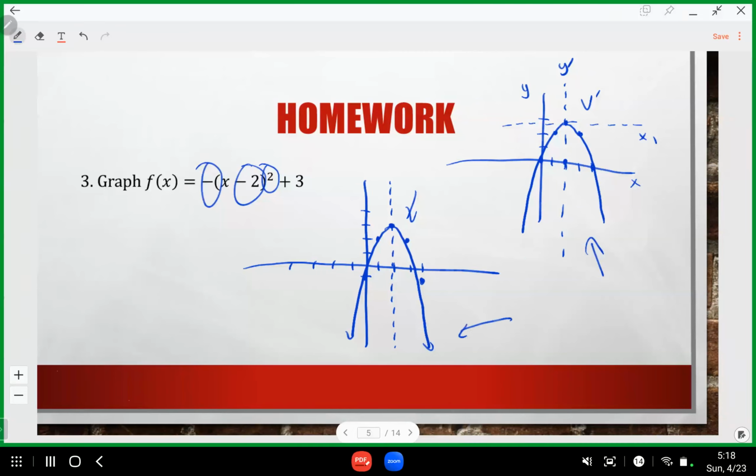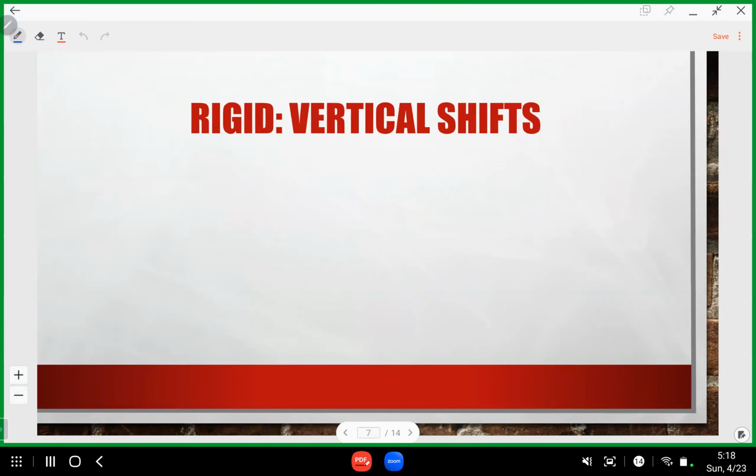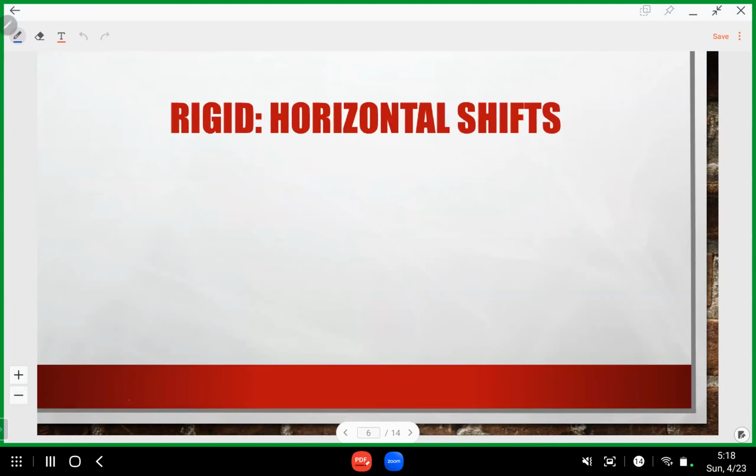So now let's go on to review some of the horizontal shifts and basically all the rigid transformations. This should not be too long. So we learned about horizontal shifts, which is f of (x minus c).